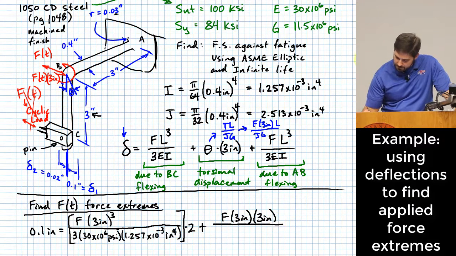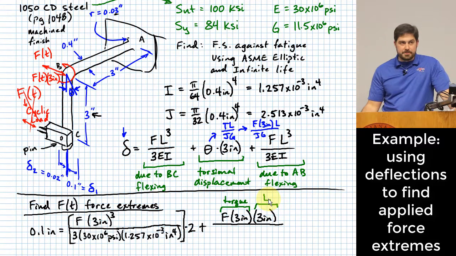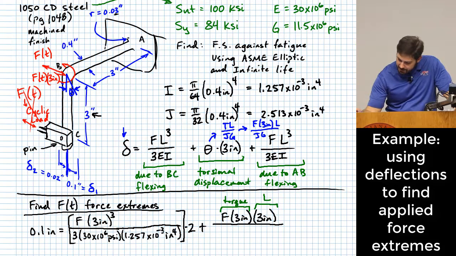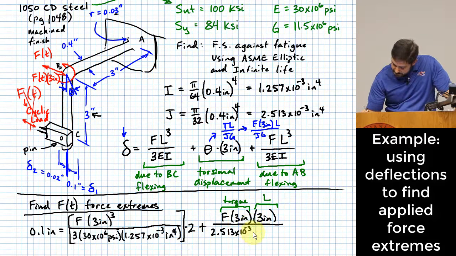Okay, so let me actually note these. This is torque. This is the L of TL over JG. J is down here, which is 2.513 times 10 to the negative third inches to the fourth.